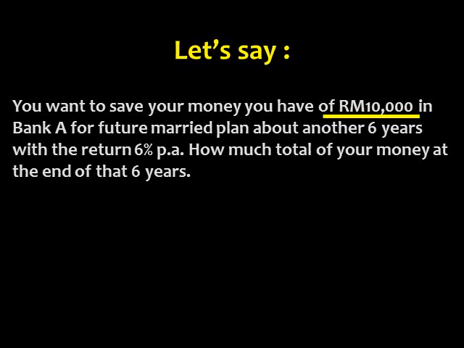So you want to keep your money in bank A that gives you 6% per annum of return. Now we want to calculate how much total money you will get after 6 years, because at that particular time you want to withdraw your money to spend for your kenduri, for your reception and engagement and whatsoever.